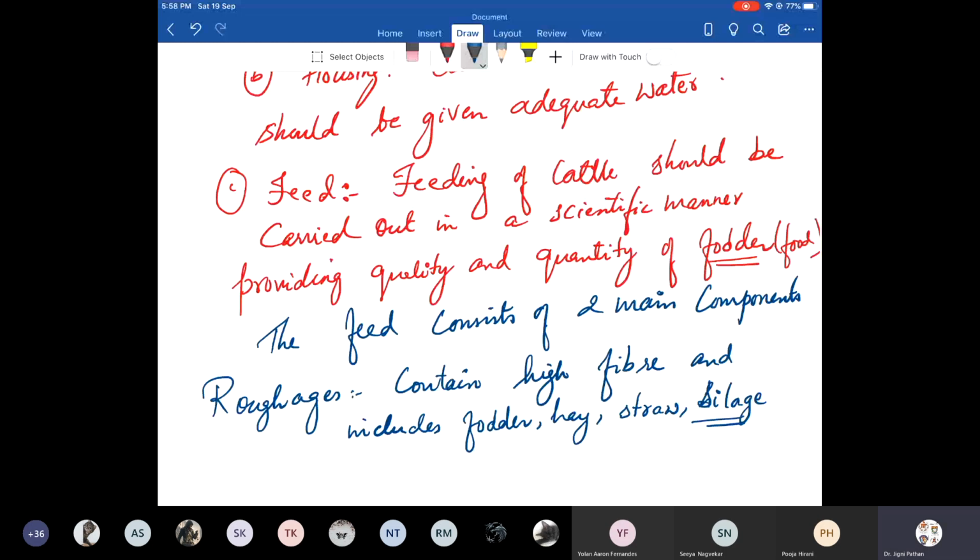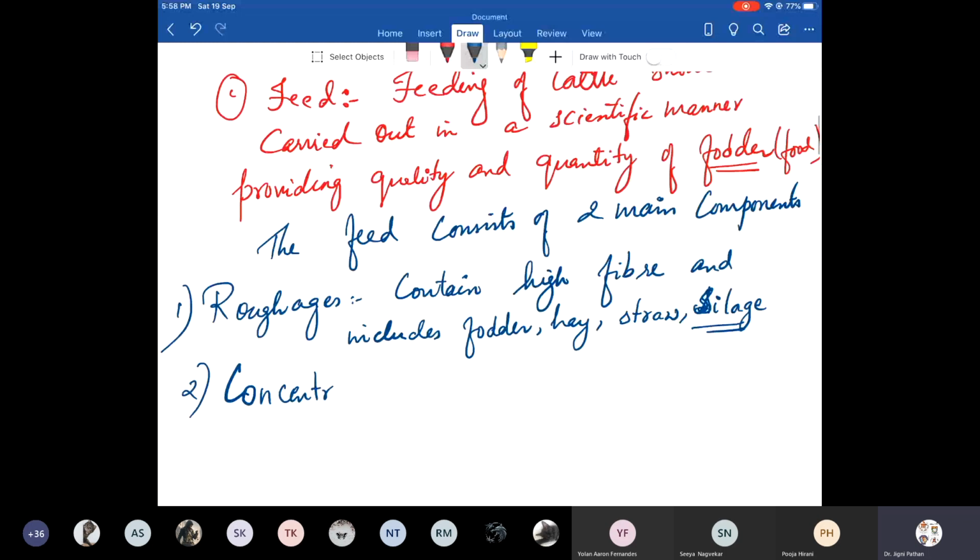The second category is concentrates. Concentrates means a grain mixture, which includes broken grams, cereals, and millets.